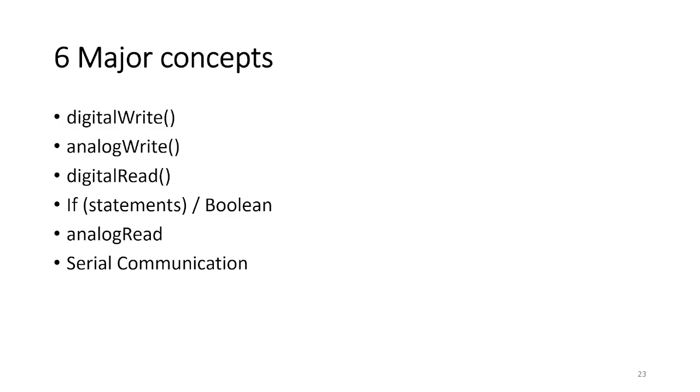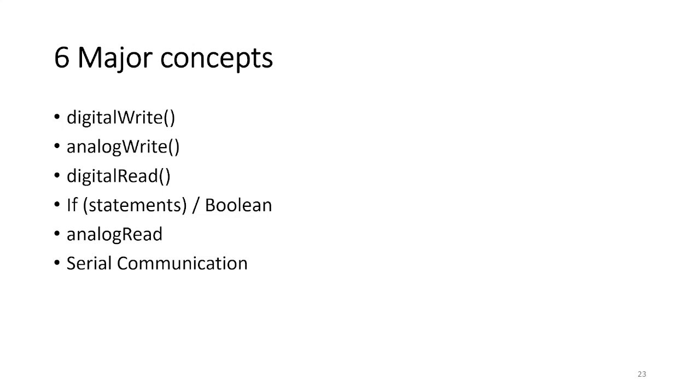And also we have analogWrite. With analogWrite, we will write an analog value to that pin, and it's only used with analog pins, whereby the analog value is usually 0 to 1023, if I'm not wrong. For example, you might want to control the speed of a motor by using a potentiometer.